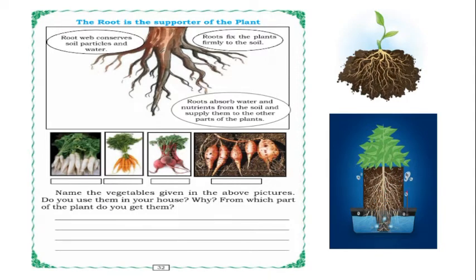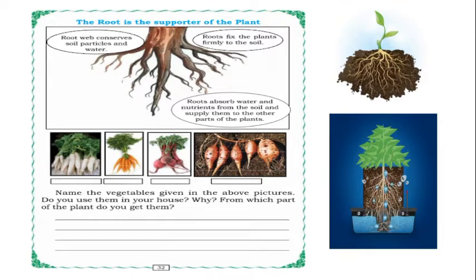So next, roots fix the plants firmly to the soil. First, it will absorb the water and particles, means nutrients and all, from the soil, and it fixes the plants firmly to the soil.